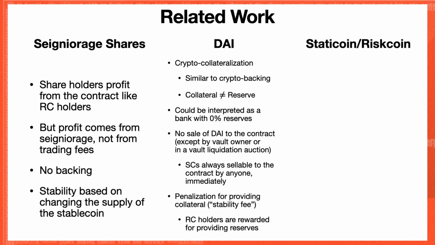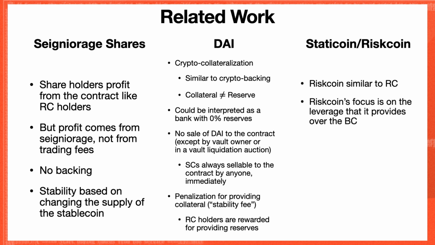Another one that was highly influential for us was StatCoin and RiskCoin, and it was probably the most influential of these 3. So a risk coin is similar to a reserve coin. One difference is that the risk coin's focus is on the leverage that it provides over the base coin.